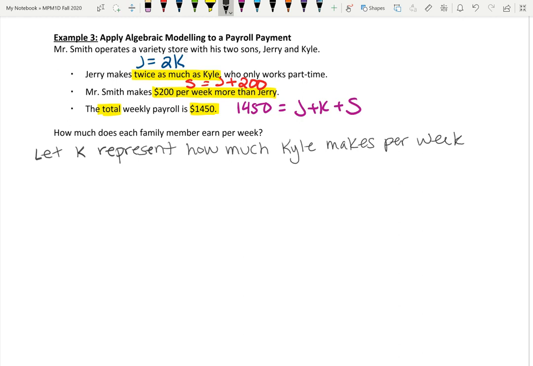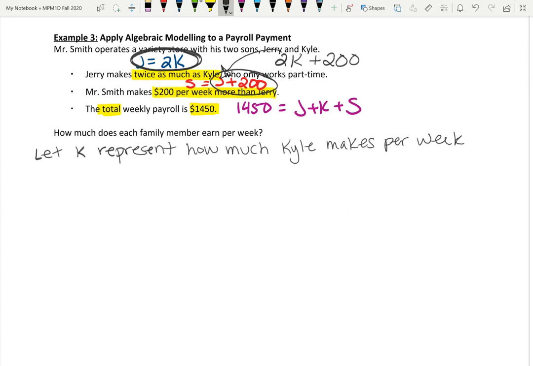Jerry is 2 Kyles. Mr. Smith is 2 Jerrys, but we know that Jerry is 2 Kyles, so we can replace Jerry with 2 Kyles. So Mr. Smith is actually 2K plus 200.